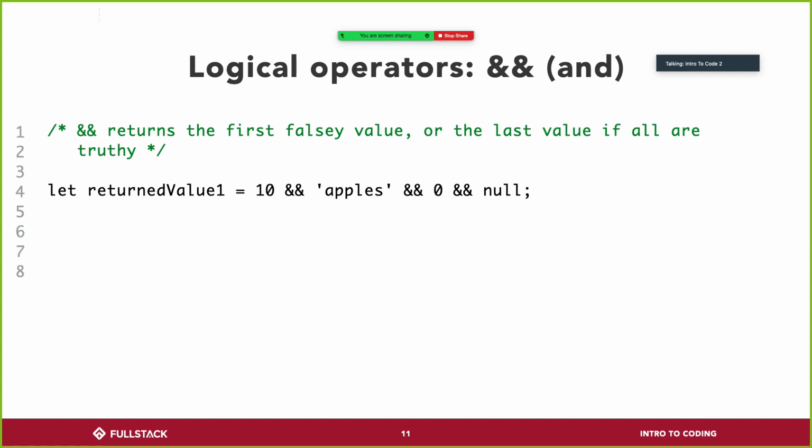Yeah, we'll learn some logical operators. Basically, double ampersand returns the first falsy value, or the last value if all are truthy. So like 10 and apples and 0 and null will return 0 because it returns the first falsy value and 0 is falsy.